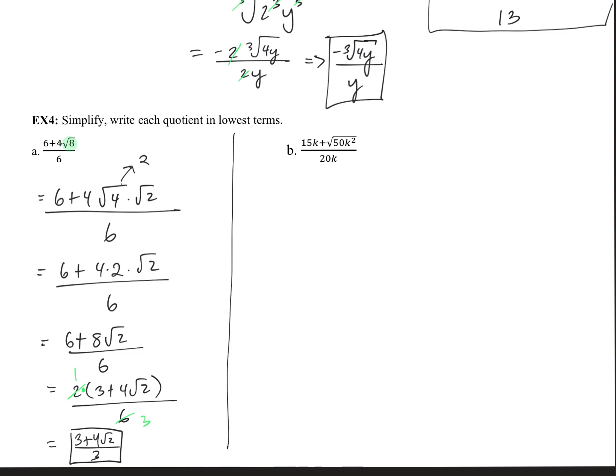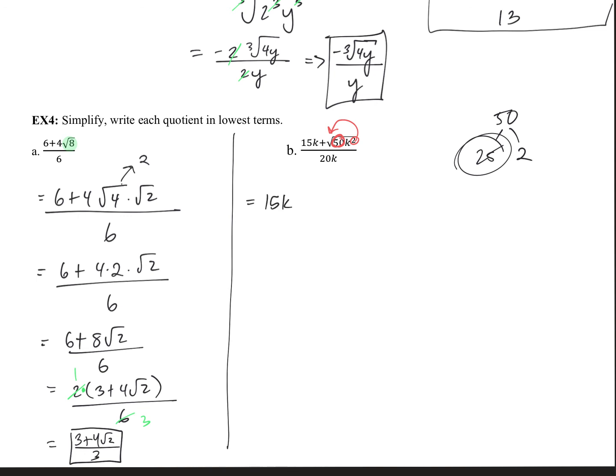All right, let's take a look at the next one. So same thing, make sure we have the radical simplified first, and it looks like we have a square under a square root, and I'm pretty positive that 50 can be simplified as well. 50 is the same as 25 times 2, and 25 is a perfect square. All right, let's go ahead.